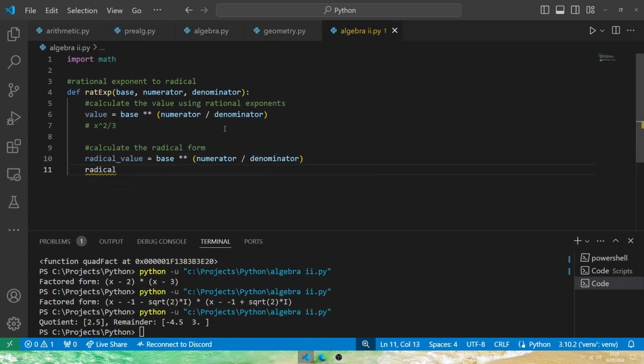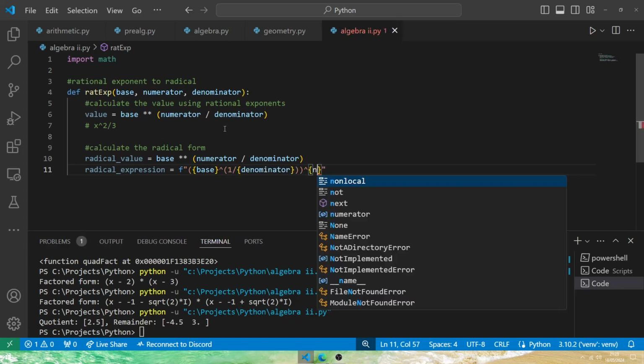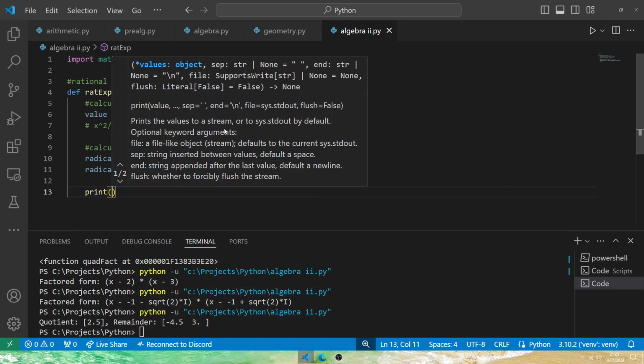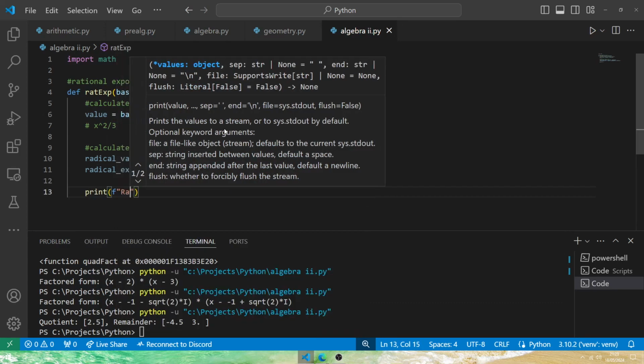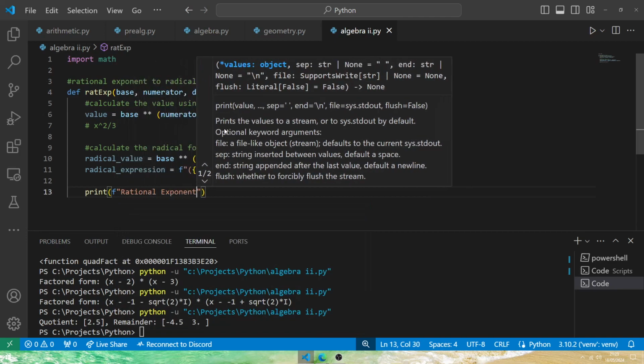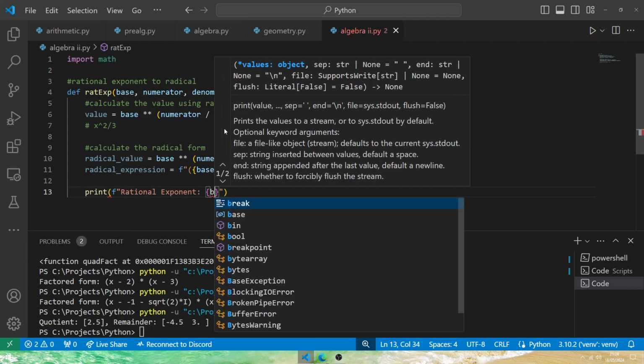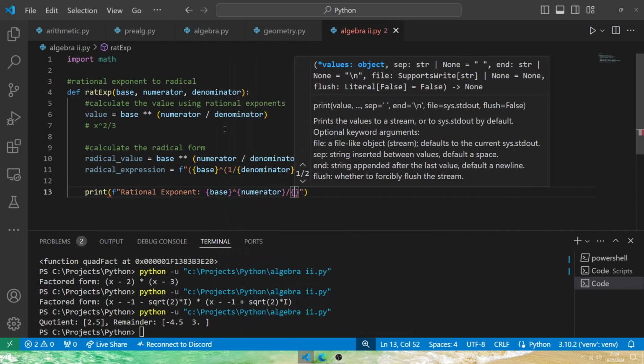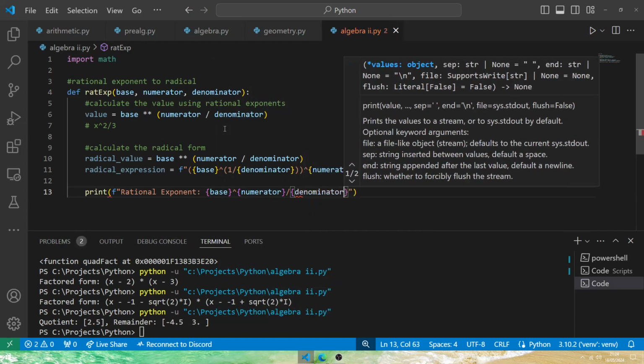And our radical expression is going to be base to the power of denominator to the power of numerator. And now we can print out our values with these f-strings where the rational exponent is base to the power of our numerator divided by our denominator.